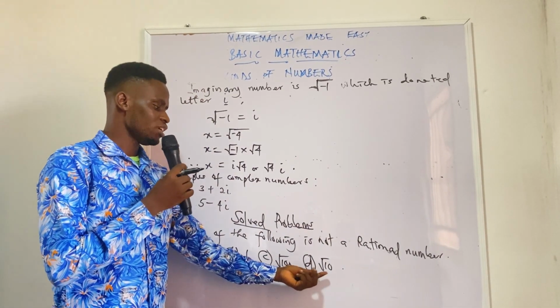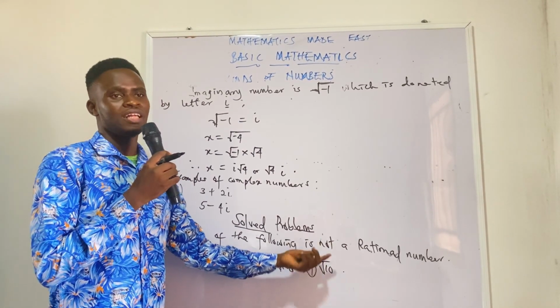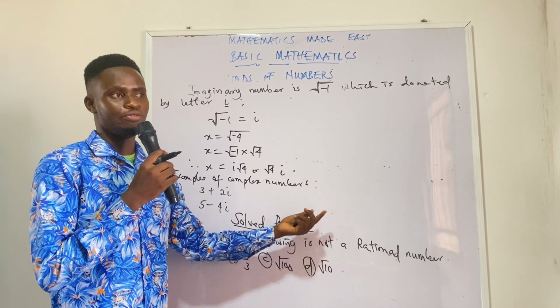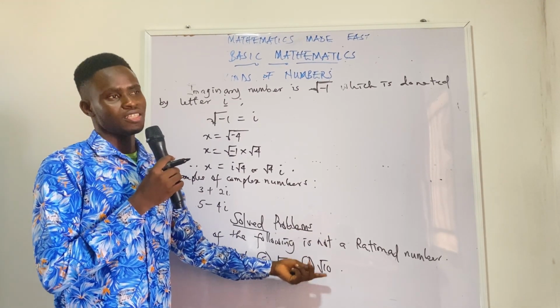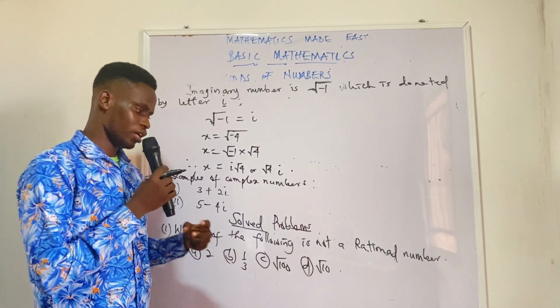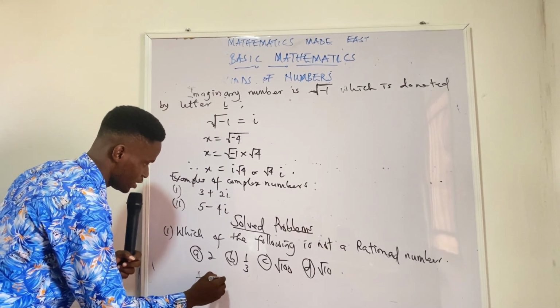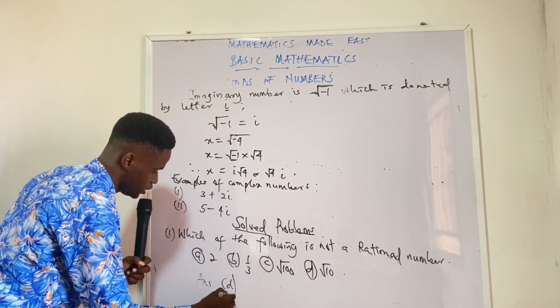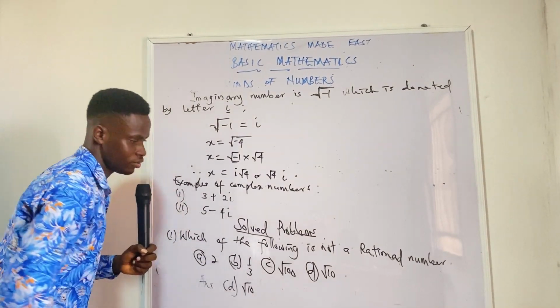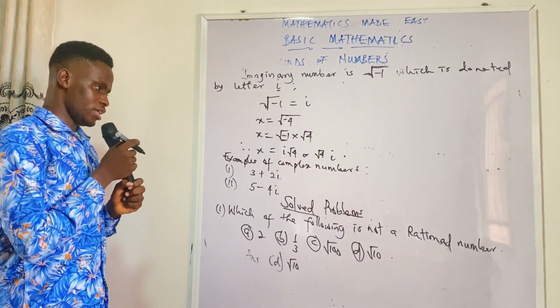So you should know that this one does not stop, and the digits after the decimal point do not repeat. This is non-terminating, and that is irrational. So the correct answer here should be option D, which is square root of 10. I believe you can see that now, as easy as ABC.